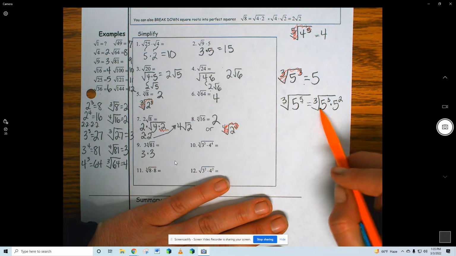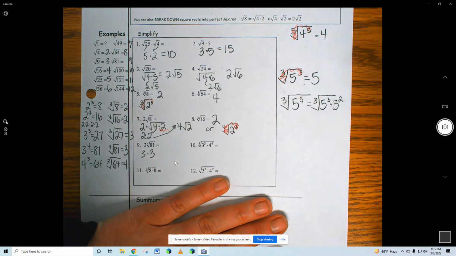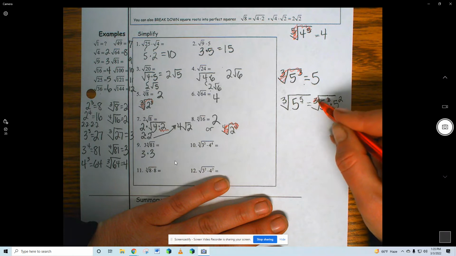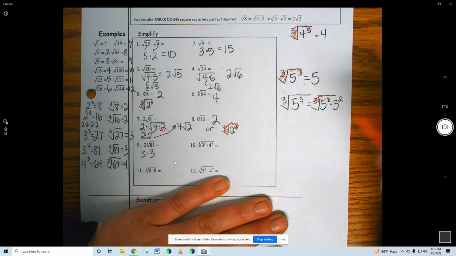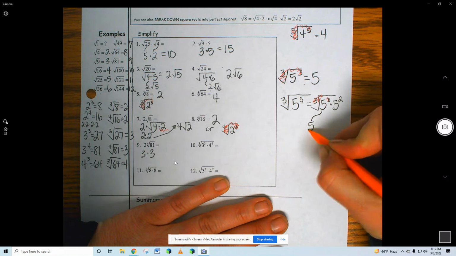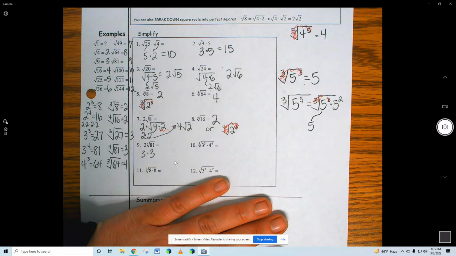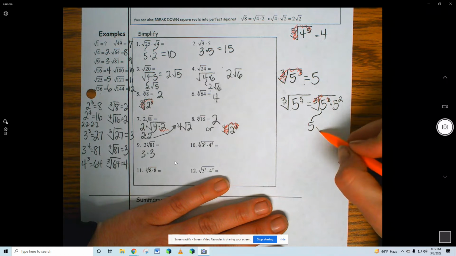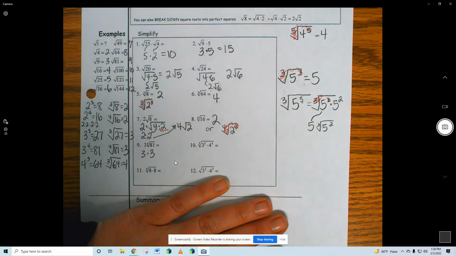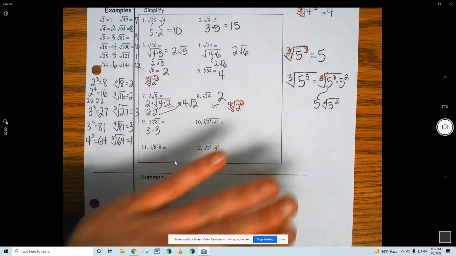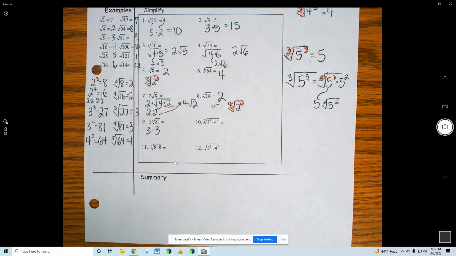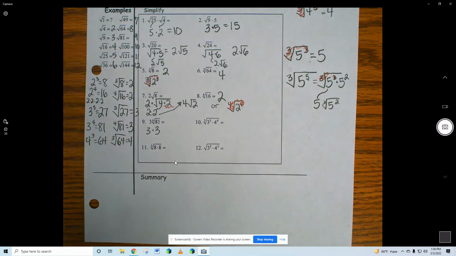In this circumstance, only this 5 comes out. But I still have a cubed root of 5 squared inside. So I'm breaking apart a number to make it match my root.